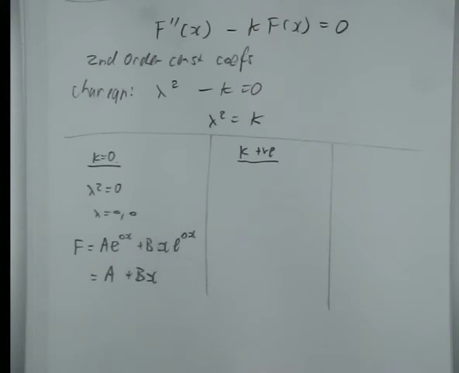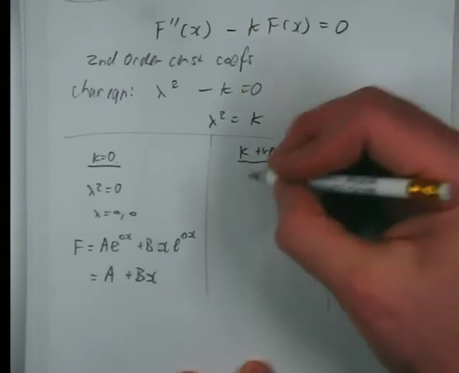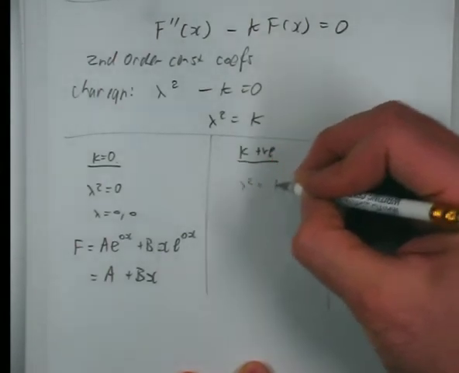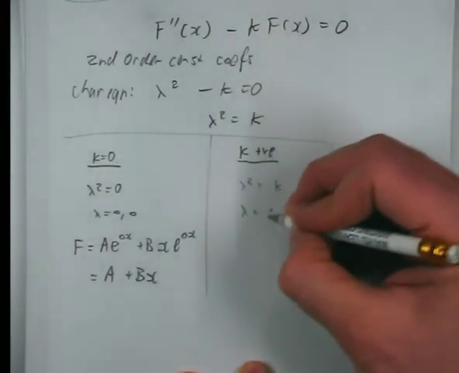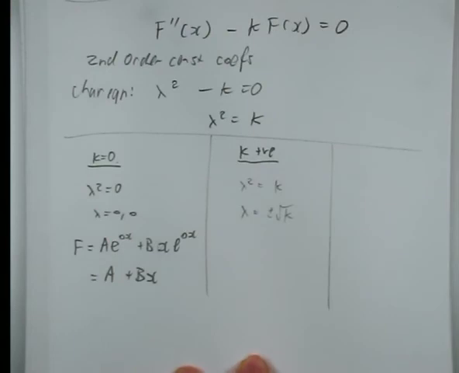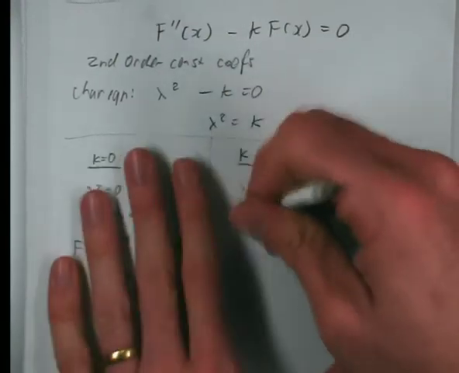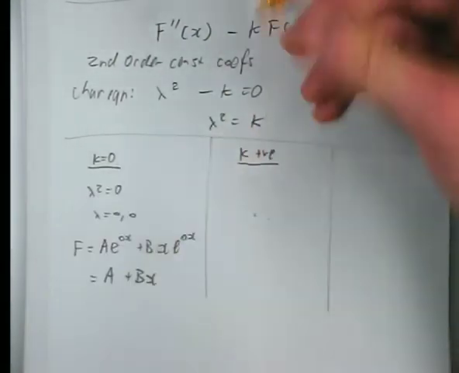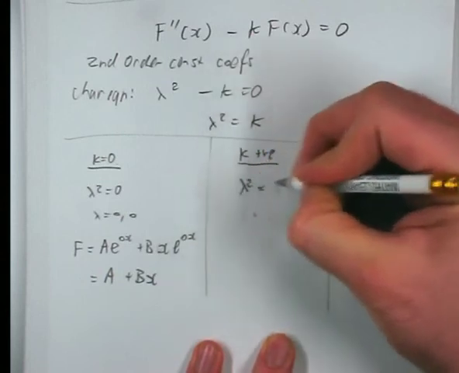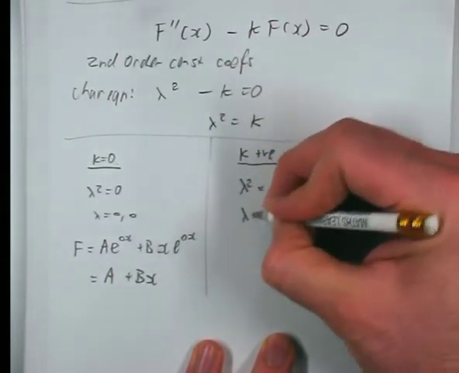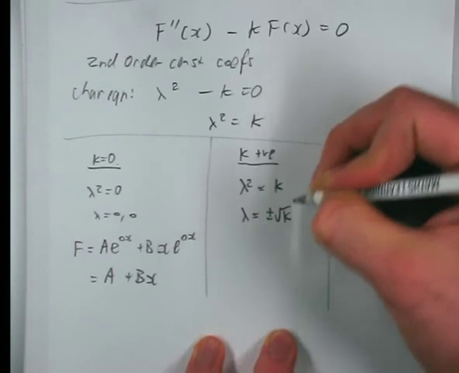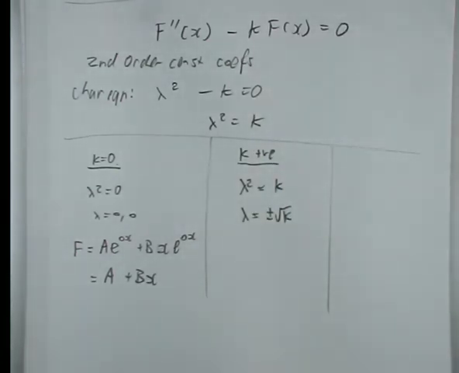But if k was positive, I'm just going to write this bit in soft so you can see what's going to happen. I'd have lambda squared equals k, and that means that lambda would be plus or minus root k, right? So lambda squared equals k, so lambda is plus or minus root k, and so I'll get e to the root k x and e to the minus root k x.